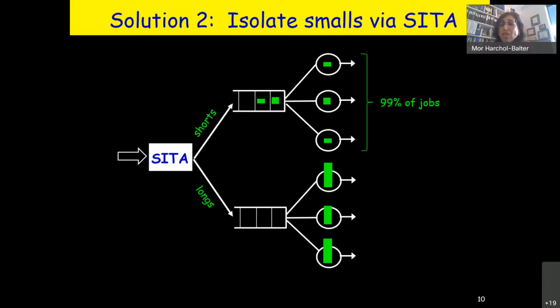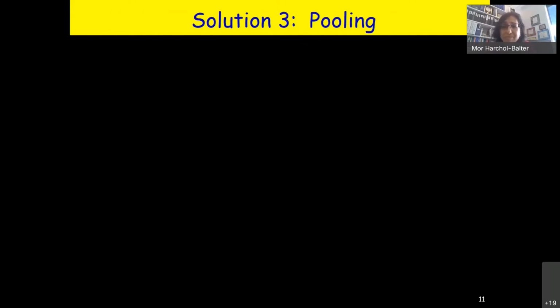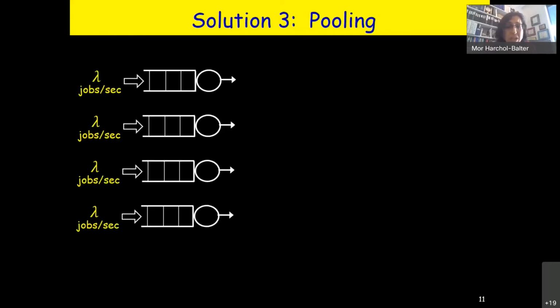Okay, there's a third idea. And the third idea is also a very natural idea, and it's called pooling. And for us, this is all very obvious, but it's not for people in industry. So imagine you have a whole bunch of separate queues, and they're each running their jobs.